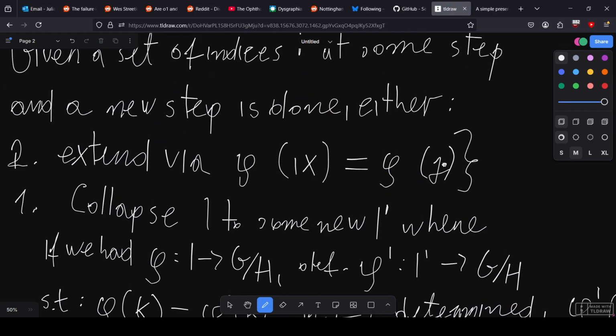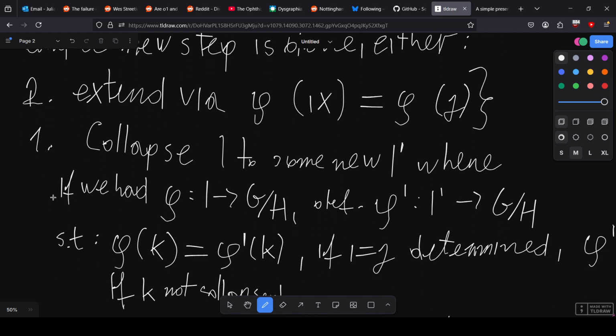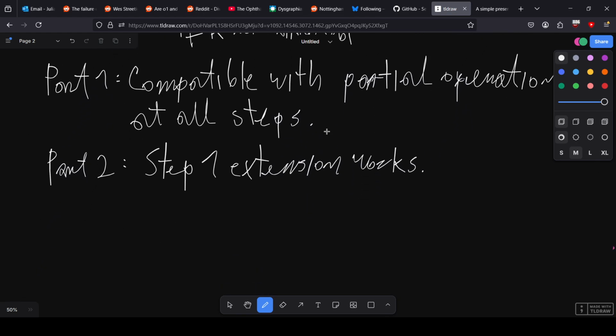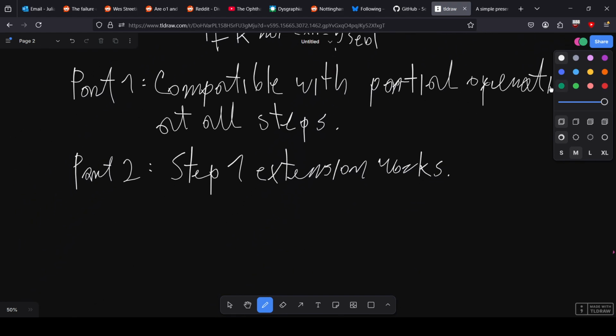Because we are defining things via the multiplication cosets over here in part 2, whenever we are extending via step 2, this must work as needed. If the rules force it, then our extension also works as intended.